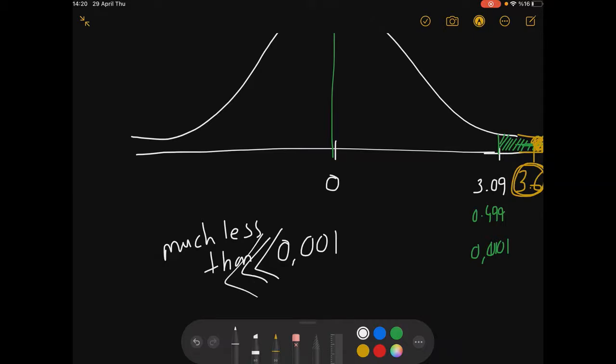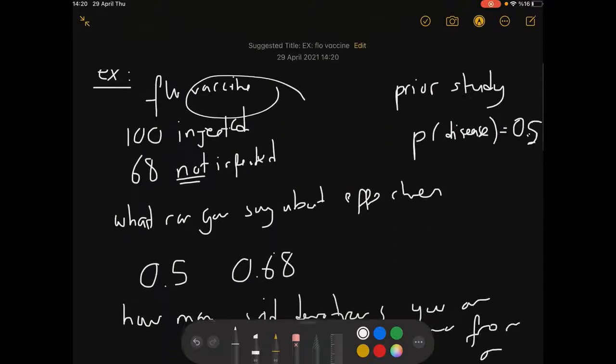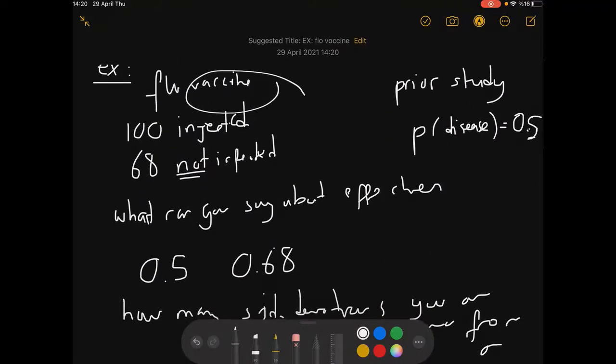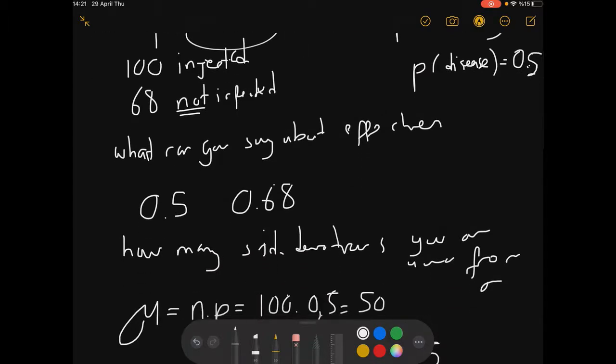So you can either say that they were really lucky with these 100 people, or you can say that there's something here. Maybe this vaccine is helping. People are getting less sick here. How can we make the distinction? Where can we draw the line? Where can we say that a vaccine is effective or not?